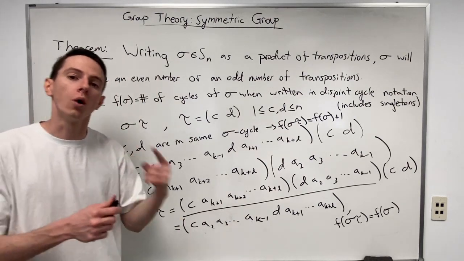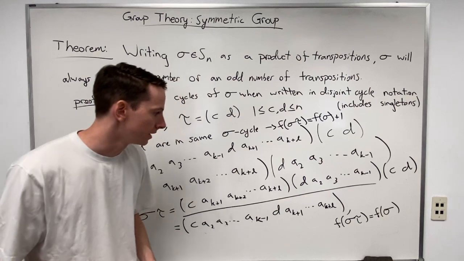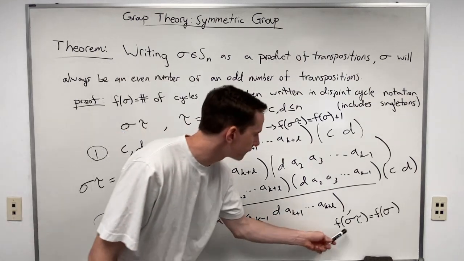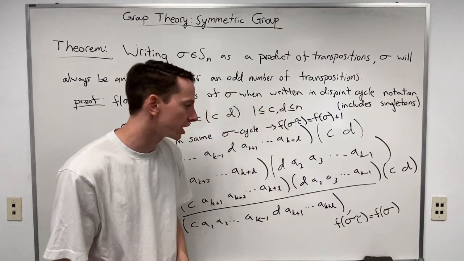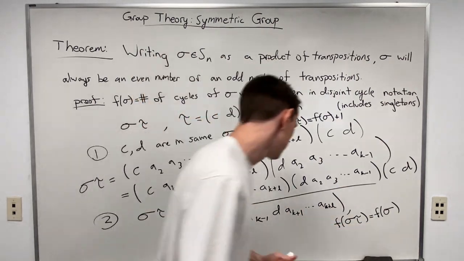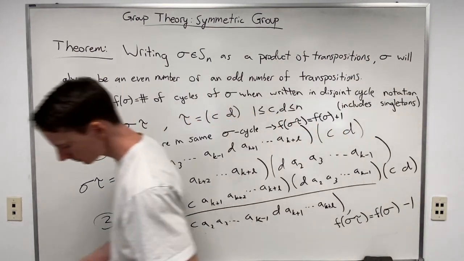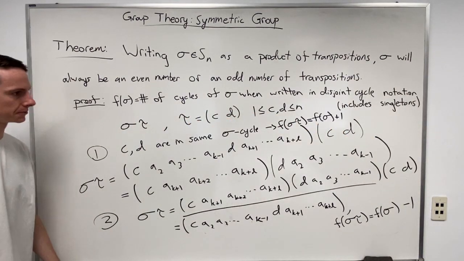Or in other words, one cycle less than what we originally started with. So in the second case, f of sigma tau is going to be however many cycles were in f of sigma, but one less than that. So it's going to be f of sigma minus 1. And these are the two possible cases.